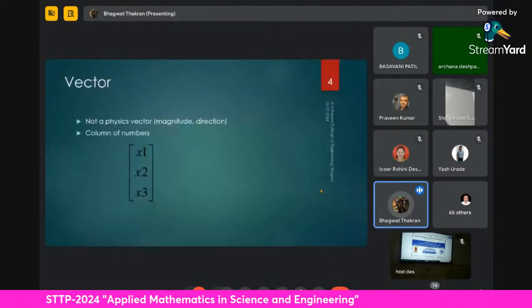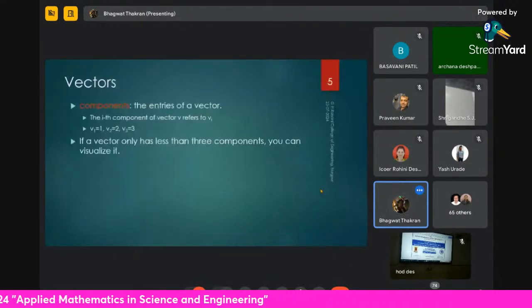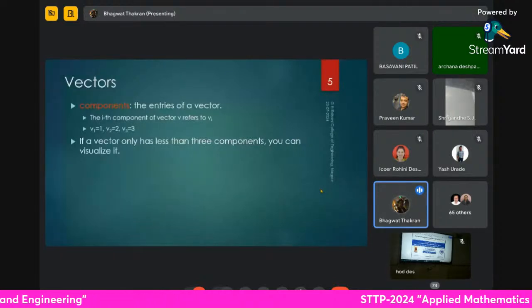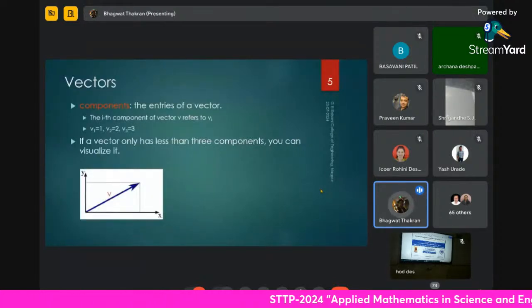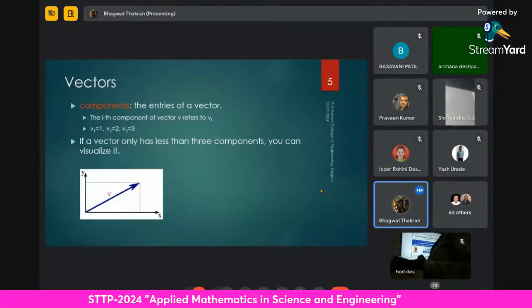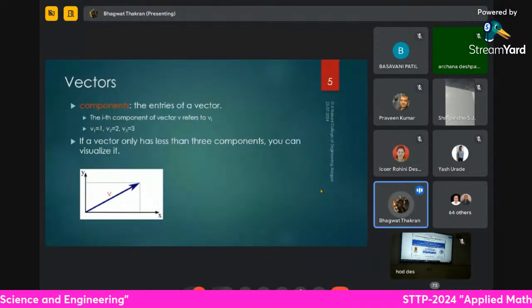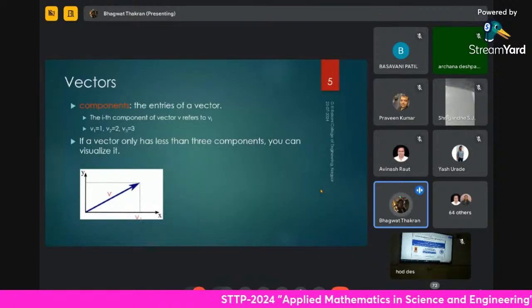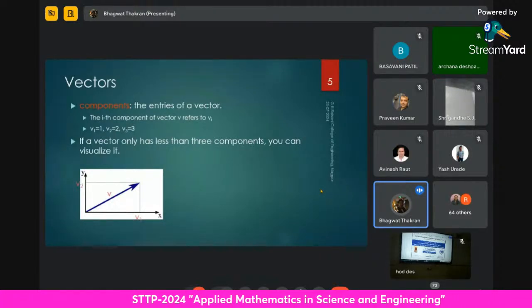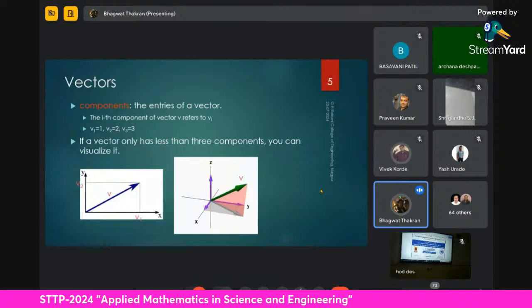So a vector is nothing but a column of numbers. And when we talk about vectors, the visualization which we can see is only in two dimensions and three dimensions. If I consider a vector that is a column matrix having two rows and one column, of order 2 by 1, the values of that matrix refer to coordinates v1 and v2.